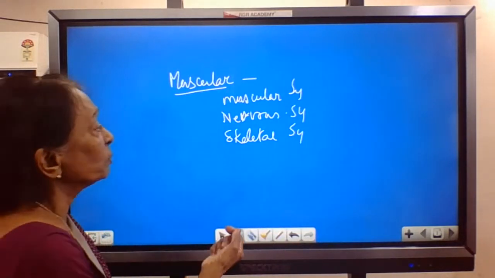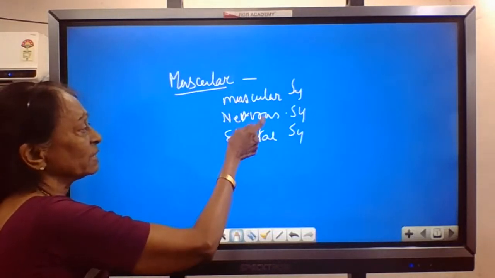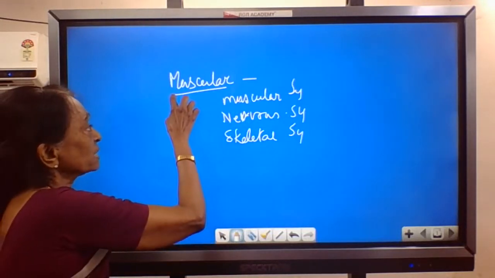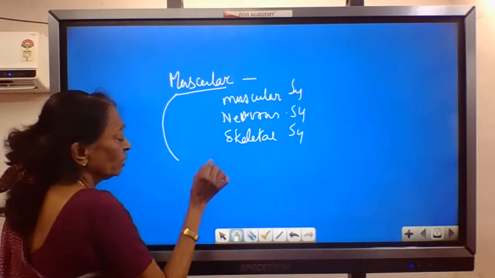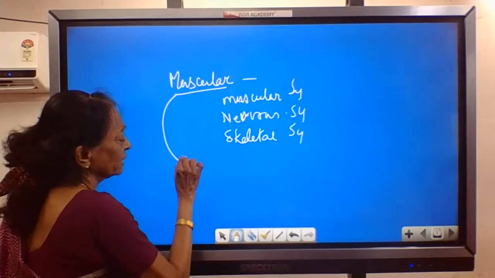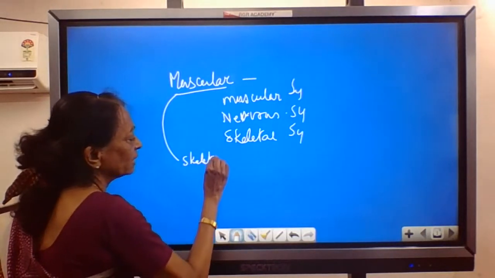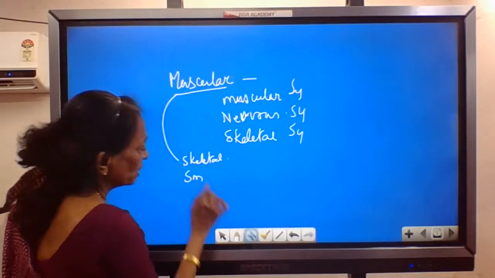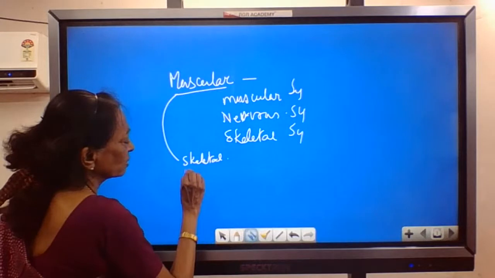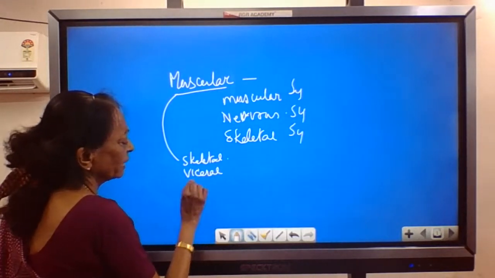So all these movements involve muscular, nervous, and skeletal coordination, and the muscles are under this. You know very well the muscles in your body are skeletal muscle and smooth muscle. I should not use the word smooth. Say I use visceral muscles: skeletal, visceral, and cardiac.